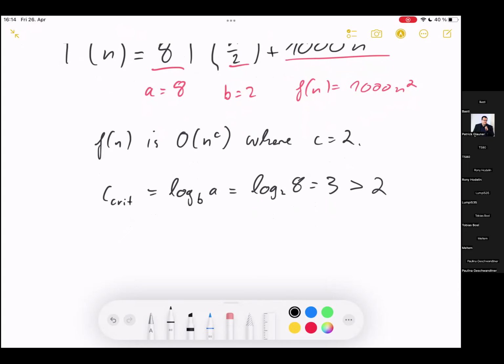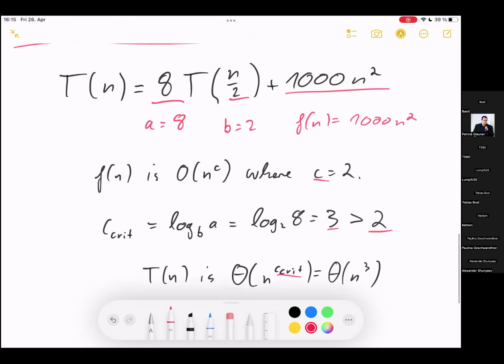And that's exactly what we said before: if this value C is less than the critical exponent, or the critical exponent is greater than C, just reading from the opposite direction, then it is case one in the master theorem. And then we can say that T of n is theta of n to the C critical, which means it's theta of n to the third, because C critical is 3.